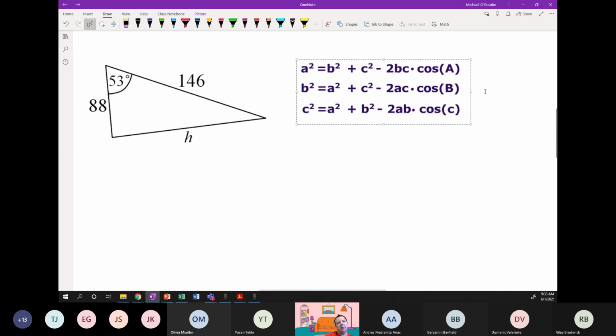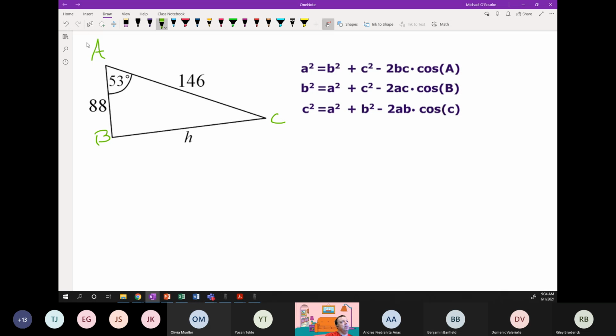There's no H's in our formula. I always like trying to find A because it's the first one. So I'm going to relabel this triangle like such. I'm going to put an A there, a B there, and a C here.